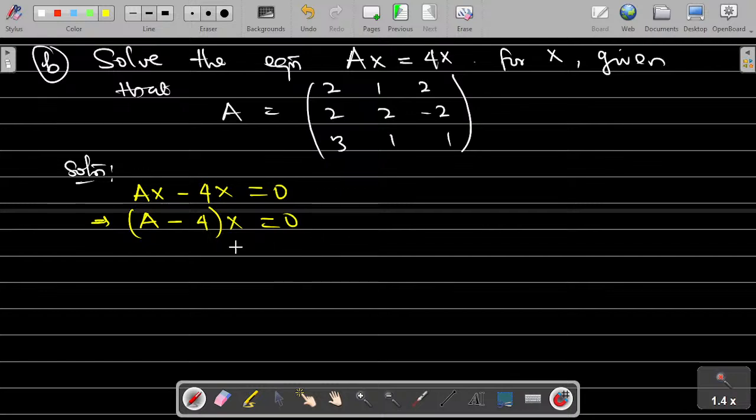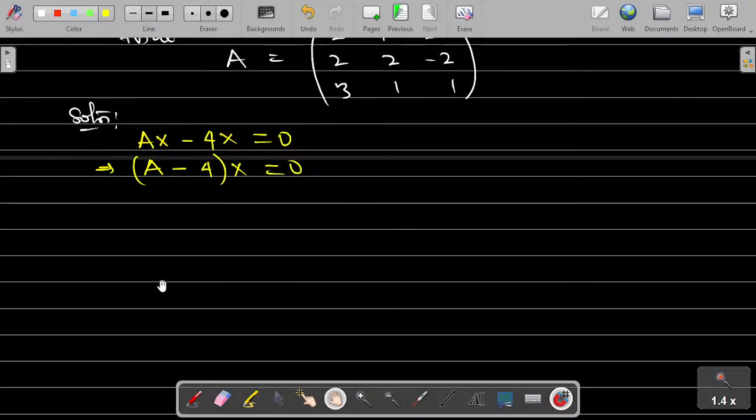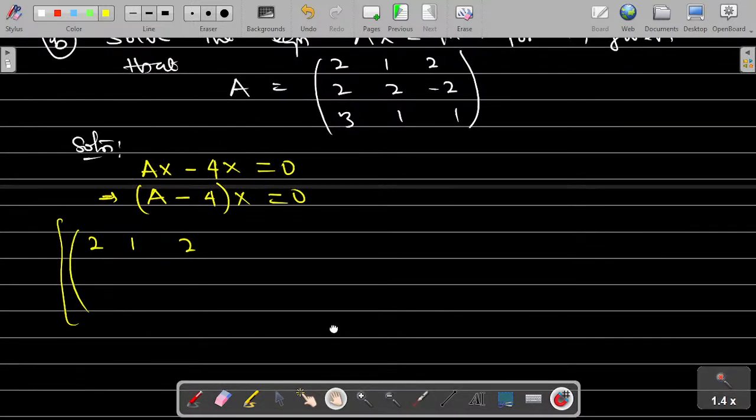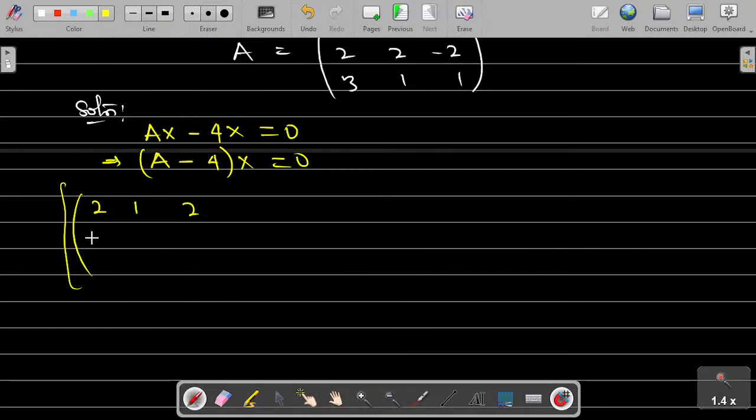So what is this going to produce? We are going to have A minus 4I. Our A is the matrix we are given, which is 2, 1, 2, then 2, 2 minus 2, then 3, 1, 1.